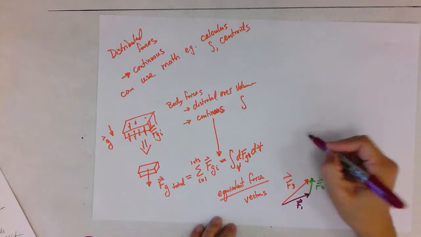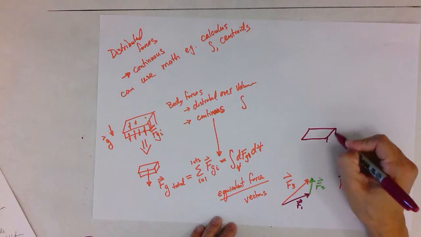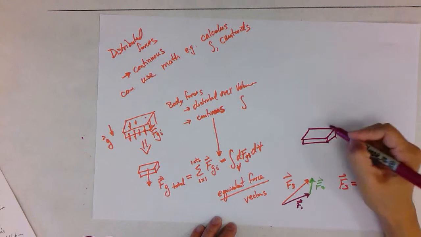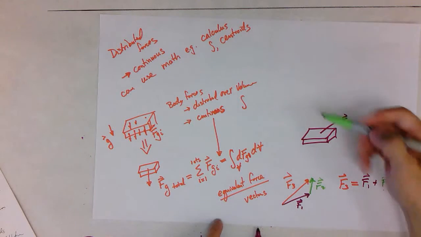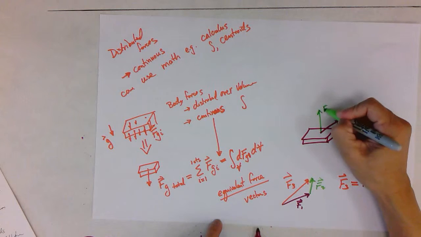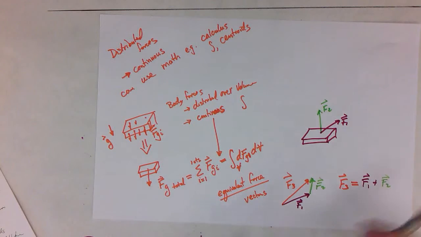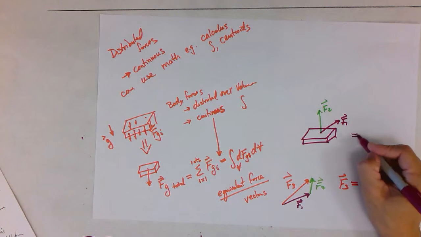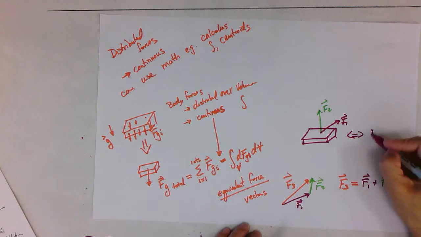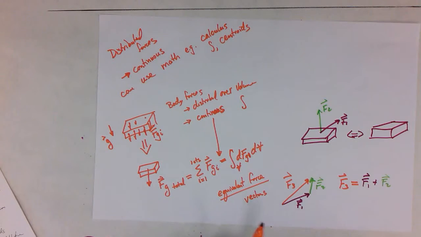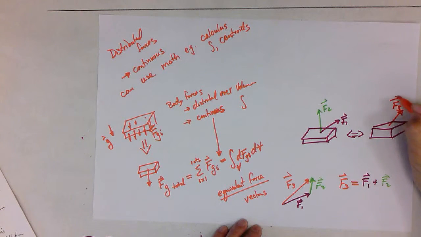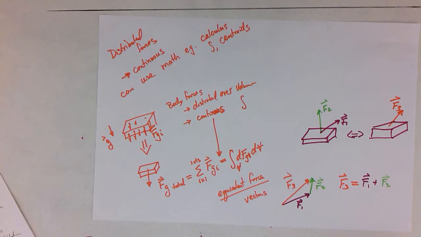So if we had a box, and in our box we have F1, and we have F2, this is going to be equivalent to F3. Oh, we turned the box a little to the side, that's okay.